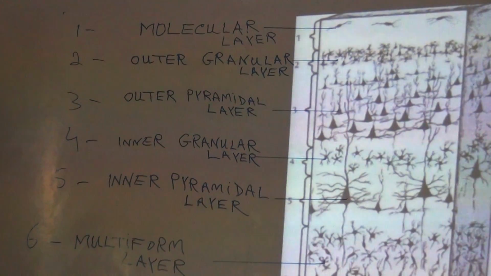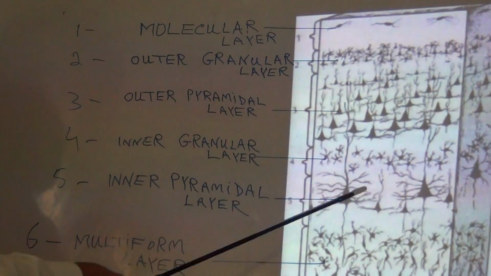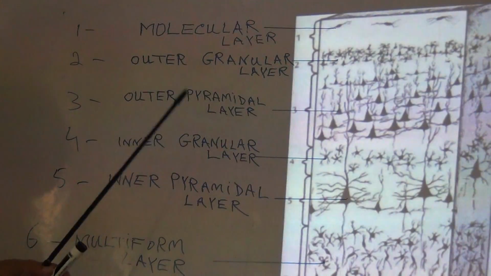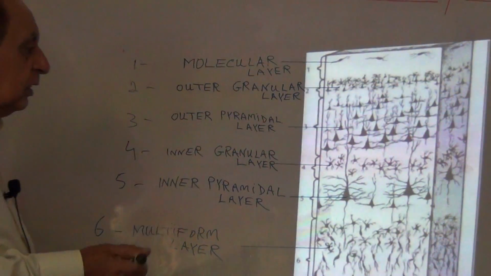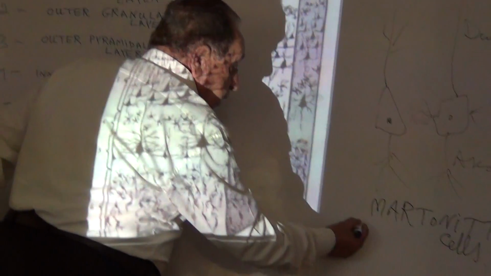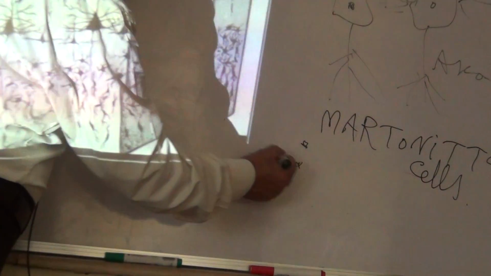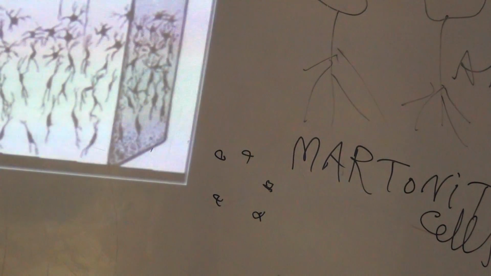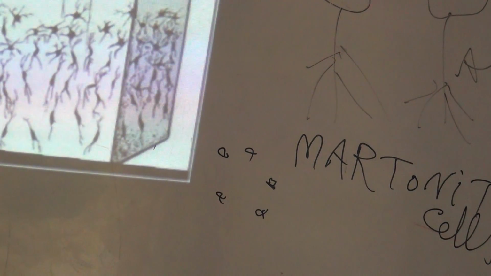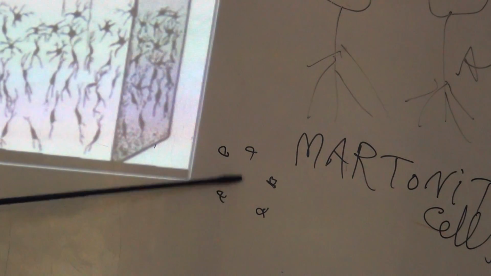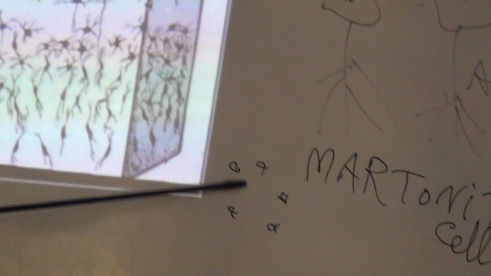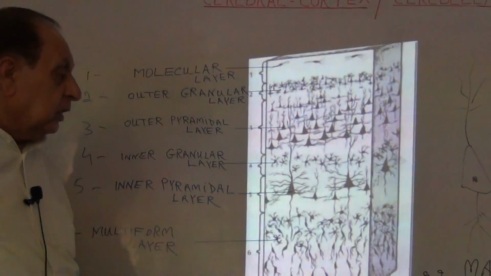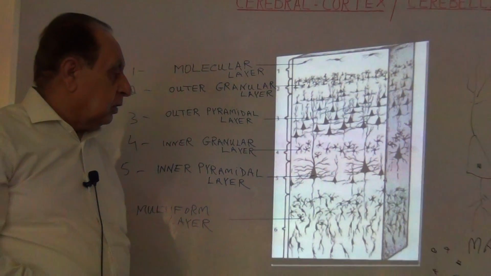It also contains small star-shaped cells, but in between these star-shaped cells there is an area in the center, called the granular island or glomerulus.